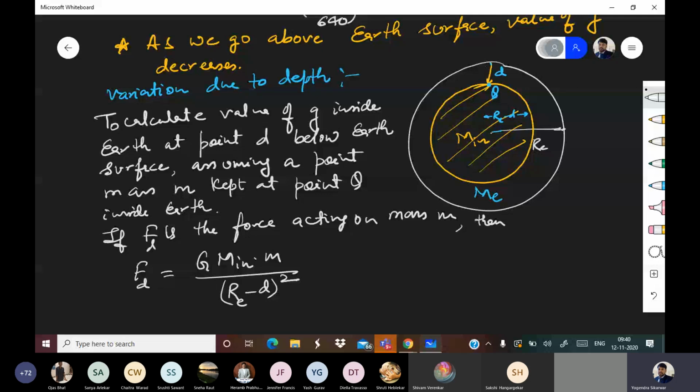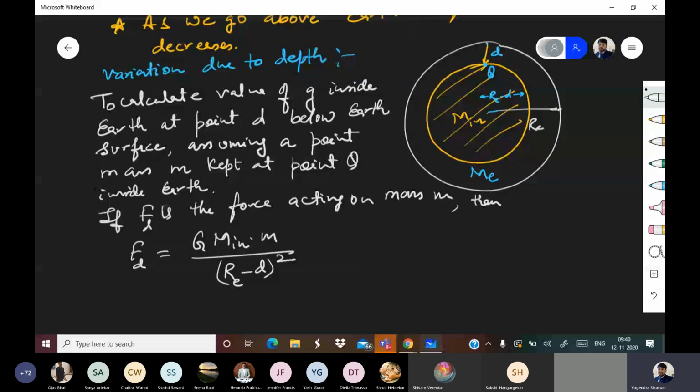Now how much is the value of M in? For that we are going to have a separate calculation. In total volume, 4 by 3 pi RE cube, the mass is ME. So in unit volume, the mass will be ME upon 4 by 3 pi RE cube.